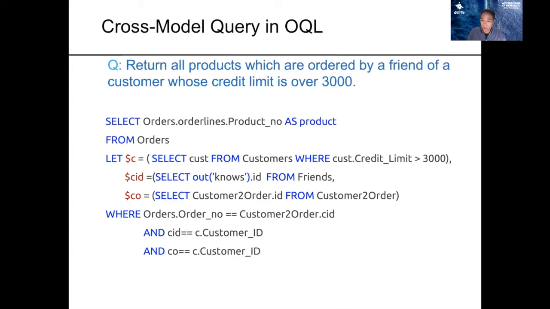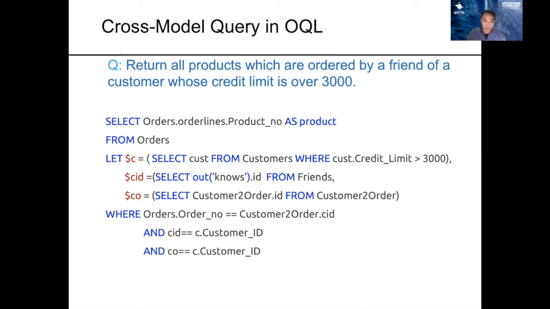Here we also need three table variables to keep the intermediate results, such as the customers with credit limits over 3,000, a table variable for keeping all of the friends of our customer, and a table variable for keeping the customer-to-order information.